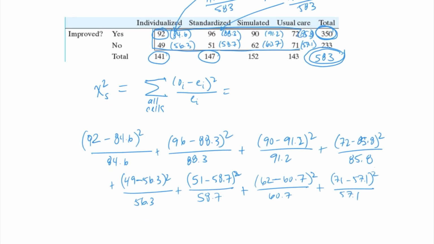So then the total on that is like 8.92. So that is the value of my test statistic, the chi-squared test statistic.